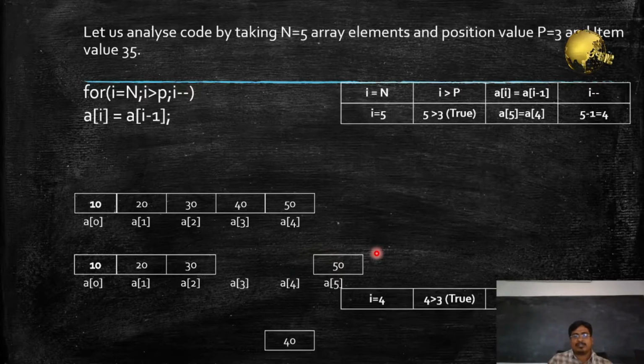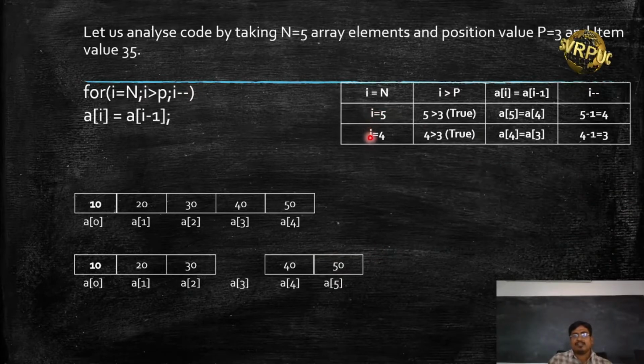We will move on to the next. i = 4. Again 4 is greater than 3, so the condition is true. Here a[4] = a[4-1], which is a[3]. Whatever value I had in a[3] is shifted to a[4], which means the 40 I had in a[3] has been shifted to a[4], whereas the 50 I had at a[4] has been shifted to a[5] in the previous iteration of the for statement.